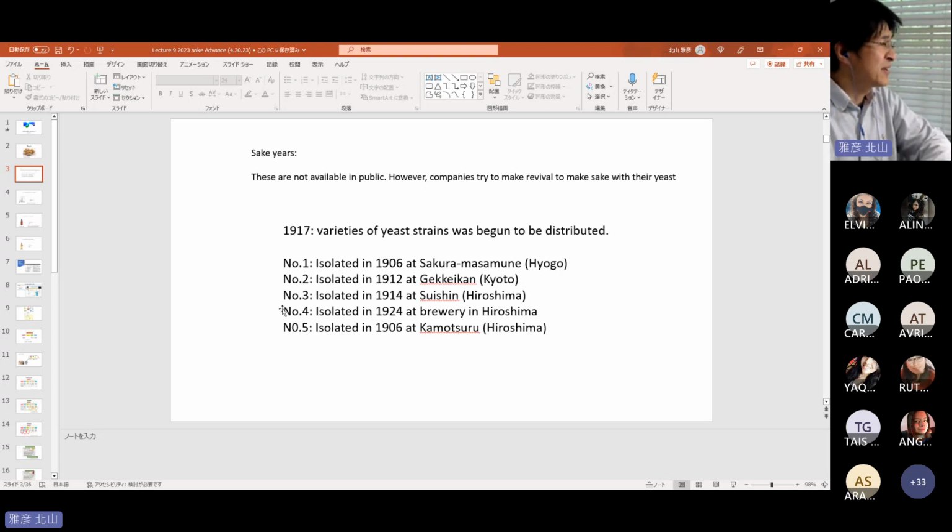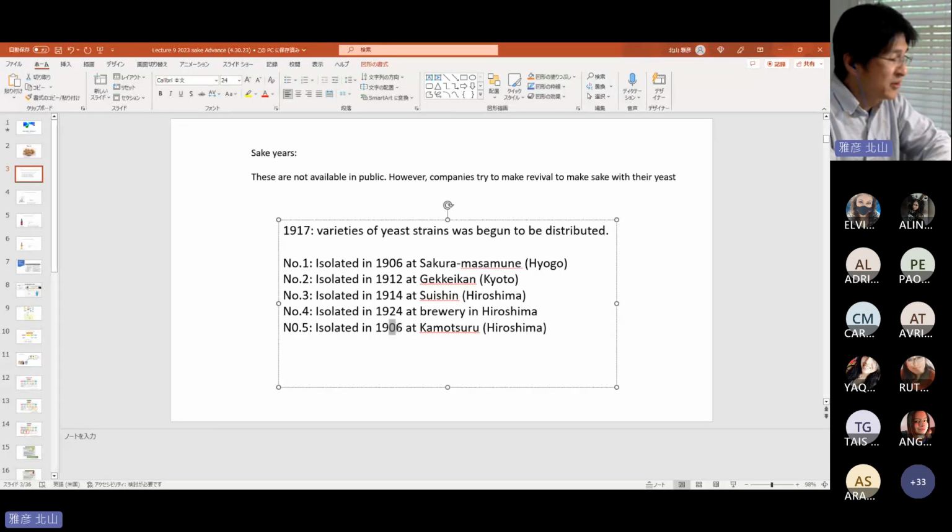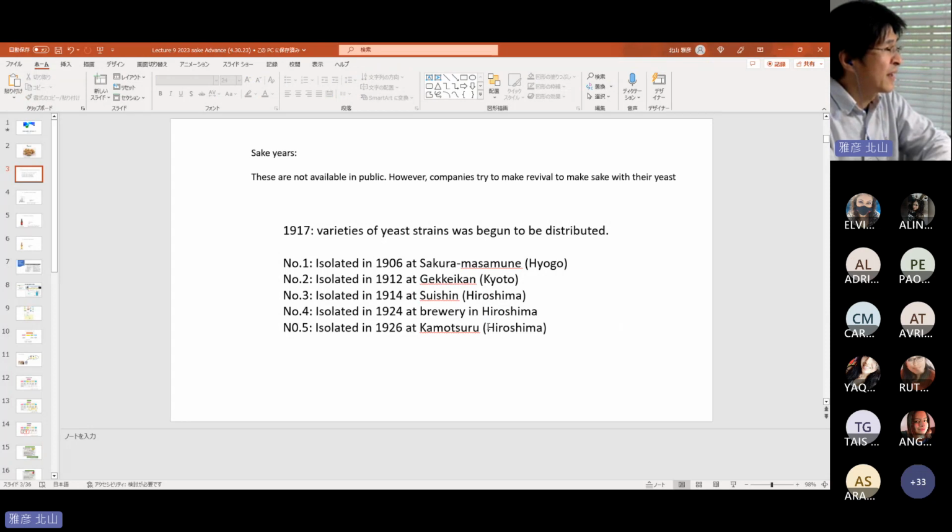And it has been distributed since the year of 1924. And next, oh, but maybe something is wrong with this number. I will make sure. The number 5 yeast strain has been distributed since 1926.